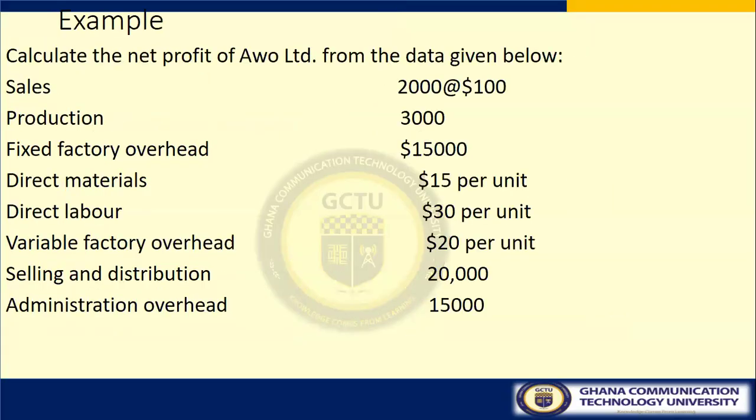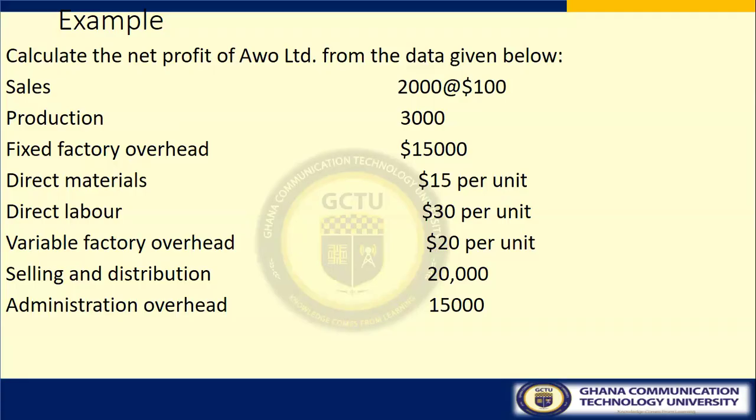Let's take an example. Calculate the net profit of Awosu Limited from the data given below. You have sales of 2,000 units at $100. The company sold 2,000 units, and each was sold at $100.